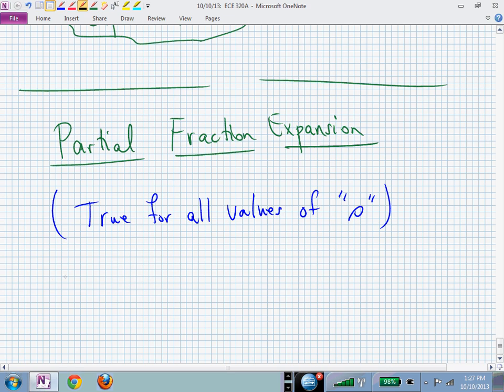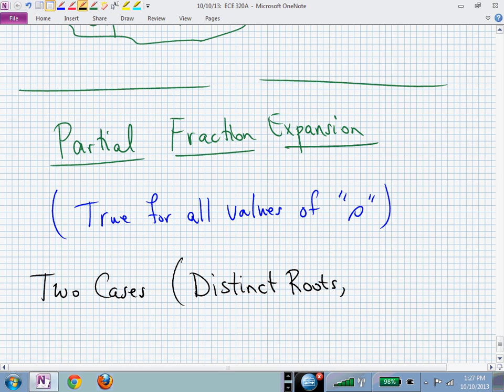And last time, I think I stated that there's only two cases to really worry about. If we factored our denominator polynomial, the characteristic polynomial, and every one of those factors is distinct, so we might have a -2, a -3, a -4 plus and minus j7.